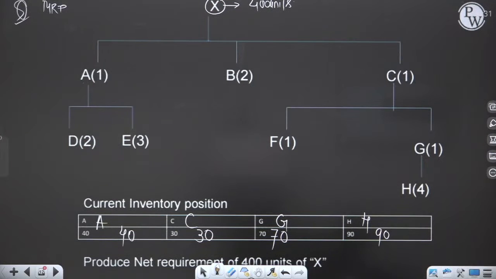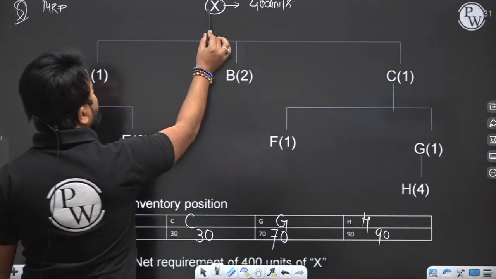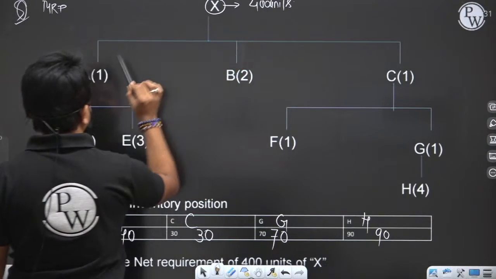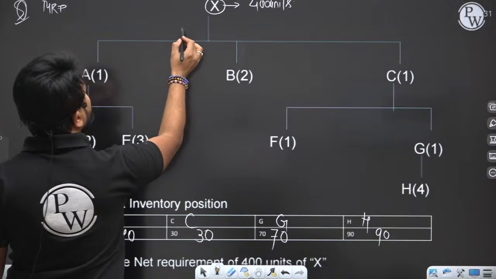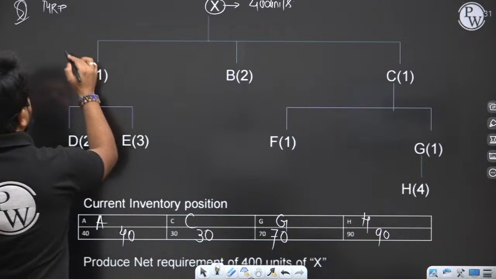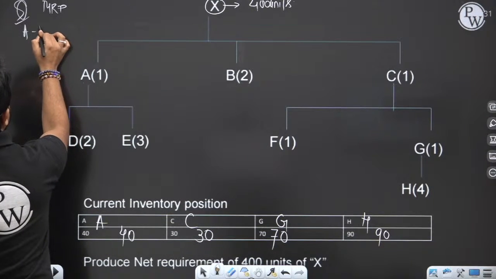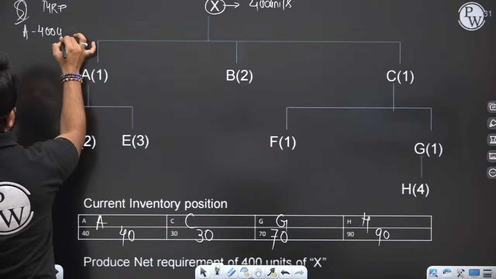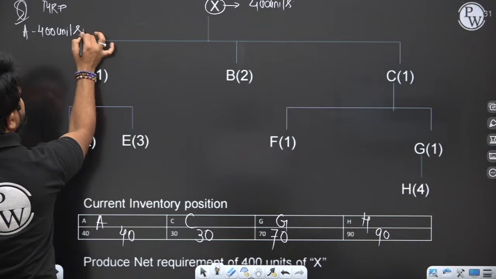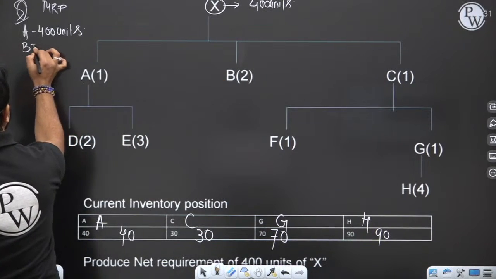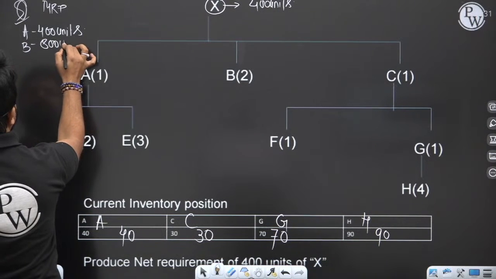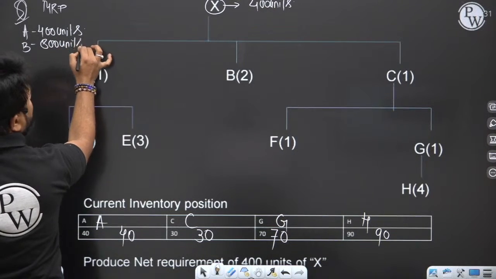Okay, I'm going to solve. For 1 unit of X, we require 1 unit of A. So for 400 units of X, we require 400 units of A. B is 800 units according to this.